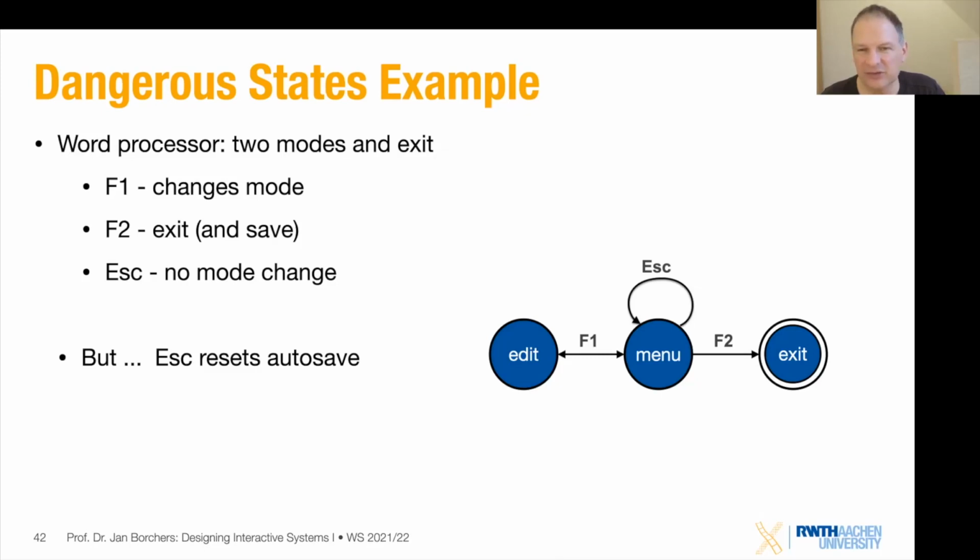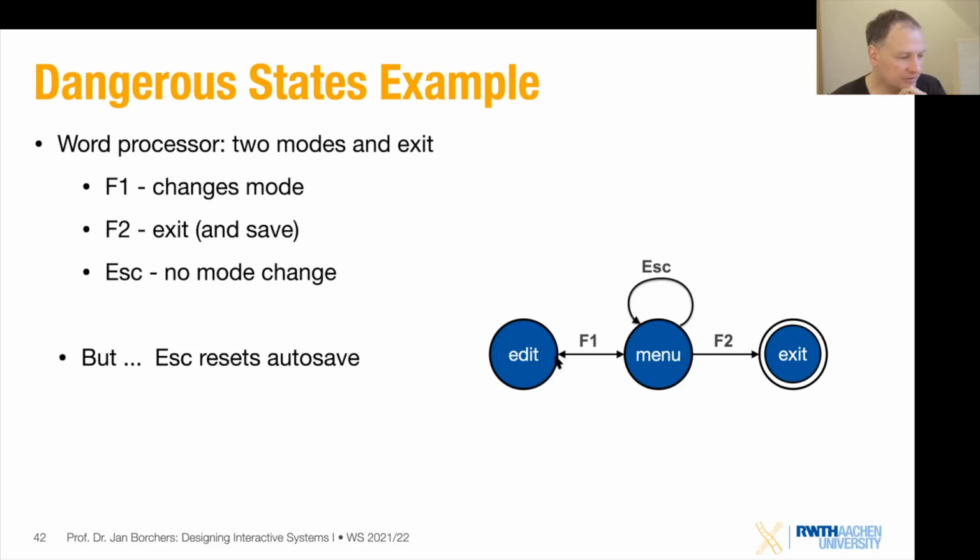It has, sort of like VI, a mode in which you edit, and that's the edit mode here on the left. And it has a mode in which you can issue commands, which is the menu mode, right? And let's say you transition between those two modes by pressing the F1 function key, just for the sake of argument.